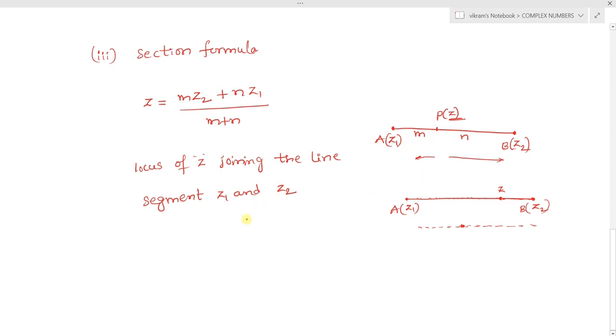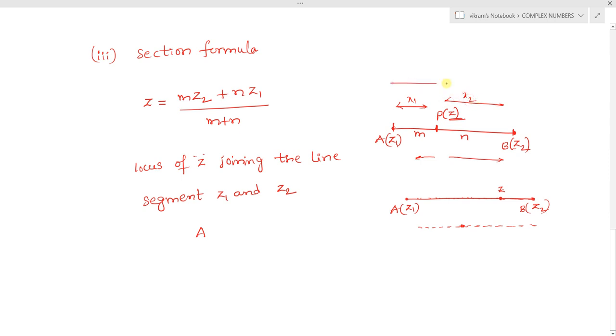Now how to find this? Wherever Z is, either in this place or in this place, the distance from A to P and from P to B, if we add them, let's consider AP as x1 and BP as x2.